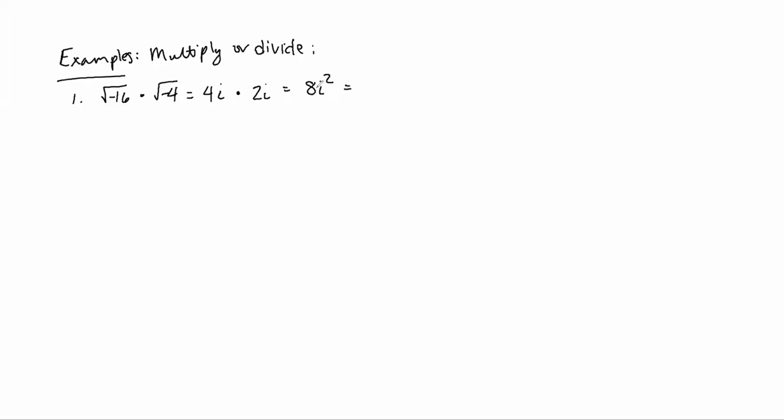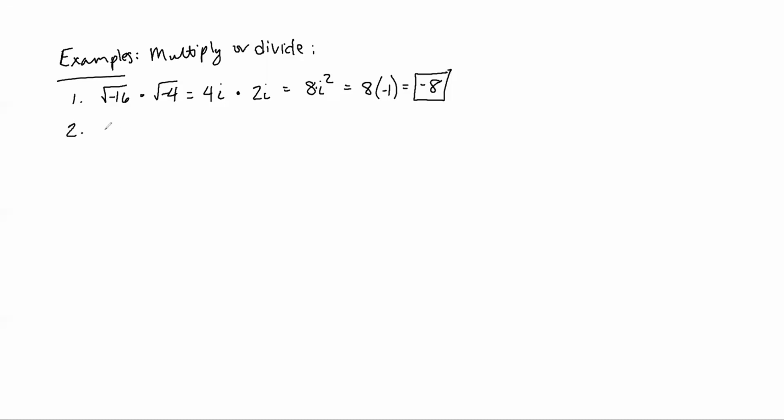So we have 8 times i squared, which is 8 times negative 1, and that is negative 8. If we hadn't changed them to i's first, we would have gotten a positive 8 as our answer, but that would have been the exact same thing as the square root of 16 times the square root of positive 4, which is not what we want. So make sure you change it to i first.